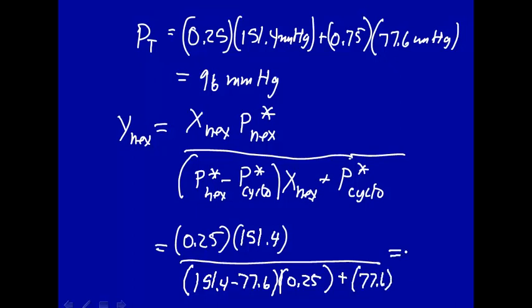So this comes out to be 0.61. So note that the mole fraction of hexane in the liquid phase is 0.25, but the mole fraction of hexane in the vapor phase is 0.61.